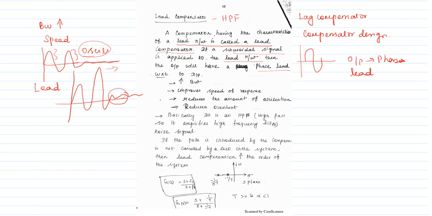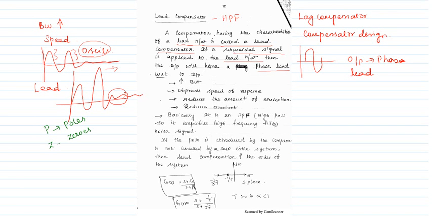Moreover, the general lead compensator design is GC of S equal to S plus ZC divided by S plus PC. Here P is the representation of poles and Z is the representation of zeros.